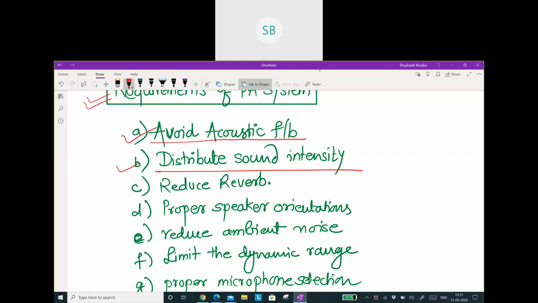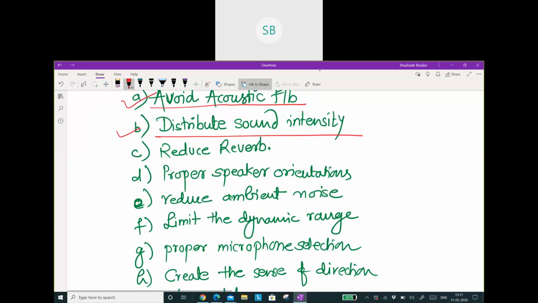That is for distributing sound intensity evenly throughout the enclosed auditorium. So that is the second thing.